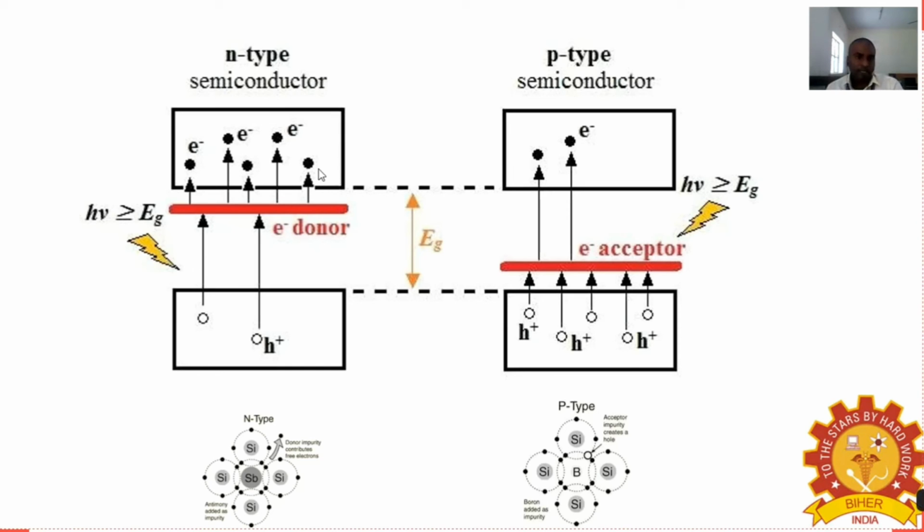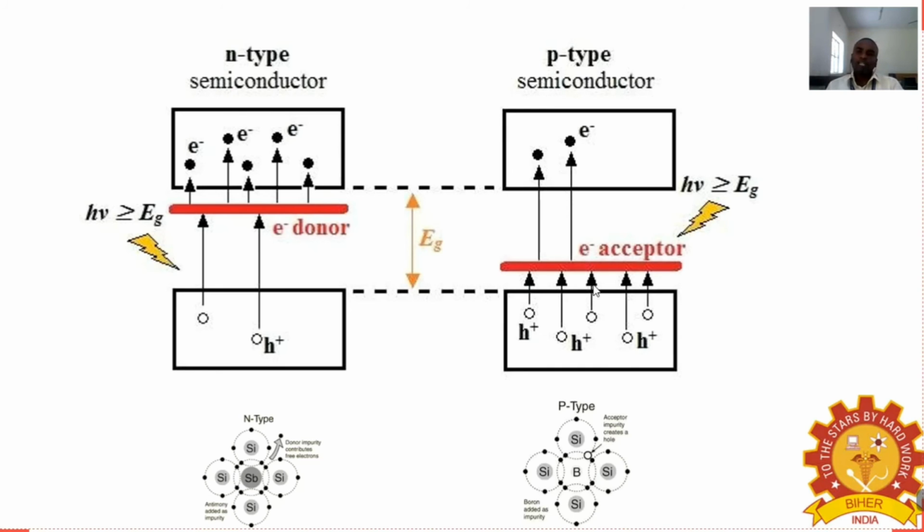Due to that, they can conduct electricity. This type of conductance is called N-type semiconductors, because the electrons are donated by the impurity antimony, and electrons present in antimony easily jump to the conduction band of silicon. This type of conductor is called an N-type semiconductor.